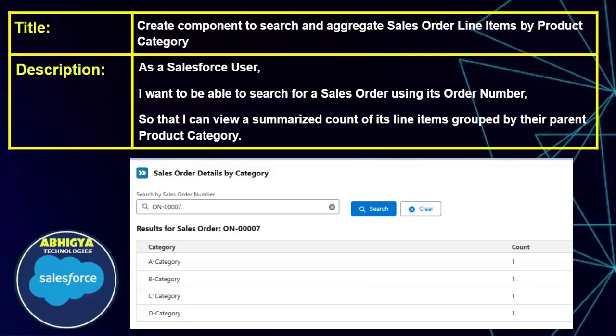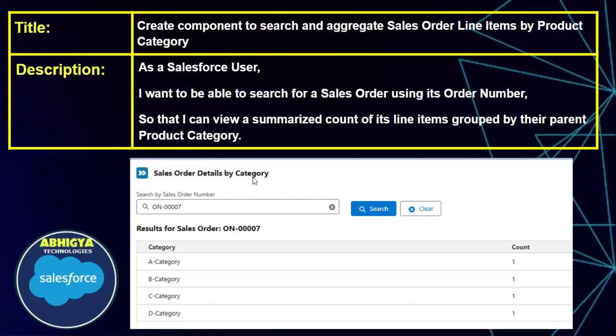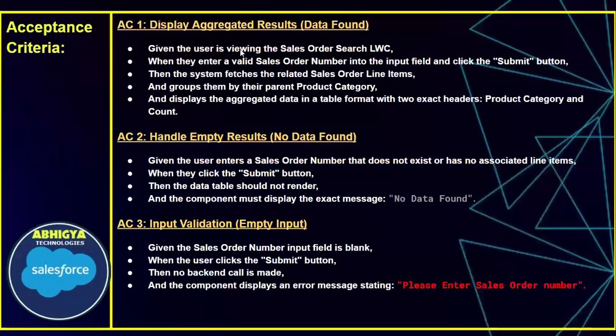Before implementing this use case, we have some acceptance criteria. If data is found, we display the data for the order number the user entered after they click the submit button, in table format. If data is not found, meaning we don't have the sales order line items data, we display no data found. And the user might not enter any order number and click directly on the search button.